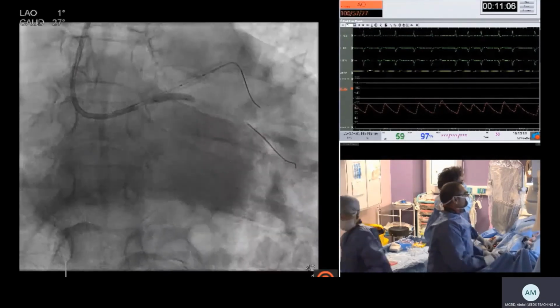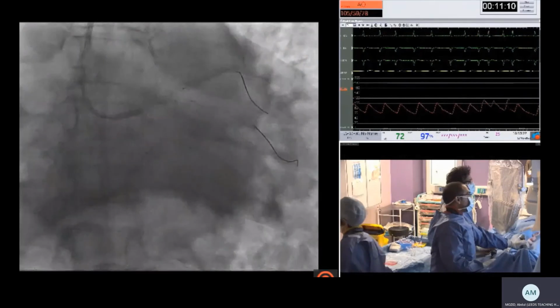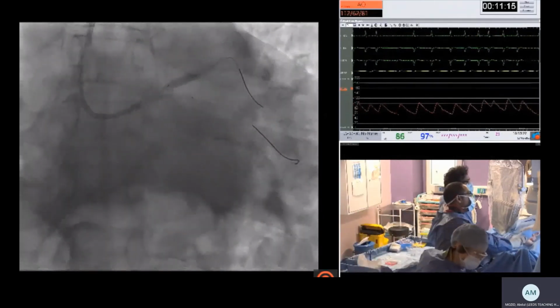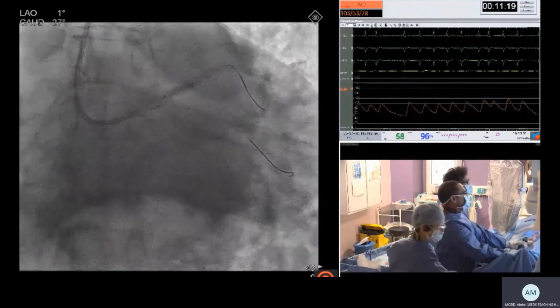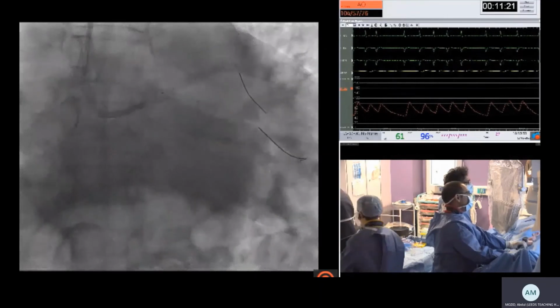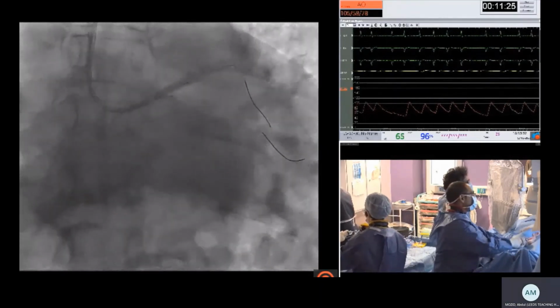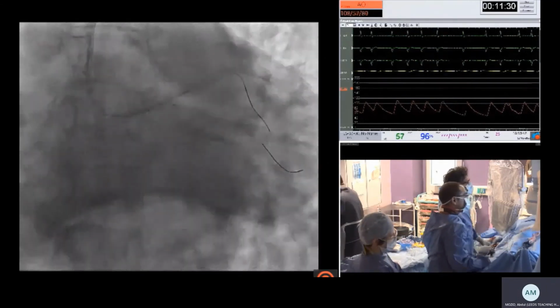So we then performed high pressure inflation of the circumflex and the LAD with 3.5mm NC balloons, followed by kissing inflations at the bifurcation. So at the bifurcation, we do sequential high pressure inflations followed by kissing at nominal.